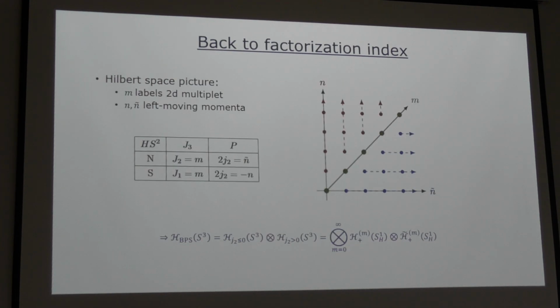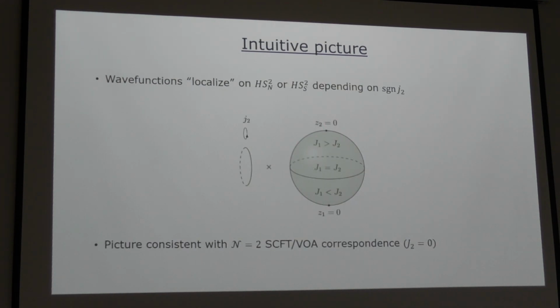So the intuitive picture of what is going on here is that the separation of the Hilbert space into states with either J1 larger than J2 or J1 smaller than J2, I can think of the wave functions associated to the states as separating along the base of the Hopf fibration. So these wave functions, depending on whether these charges are larger or smaller, attain their maximum on either side of the sphere.